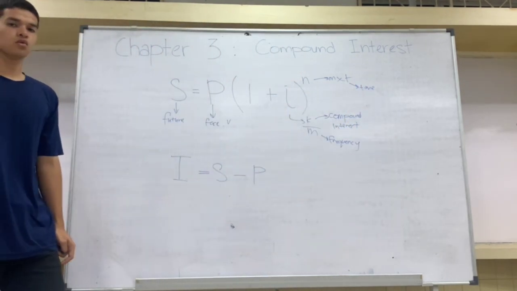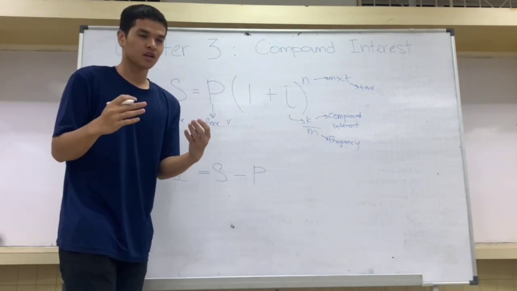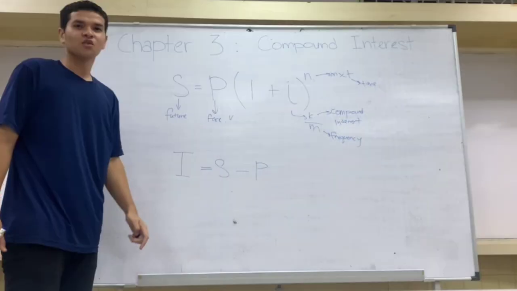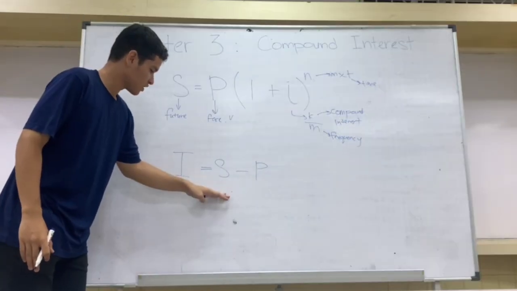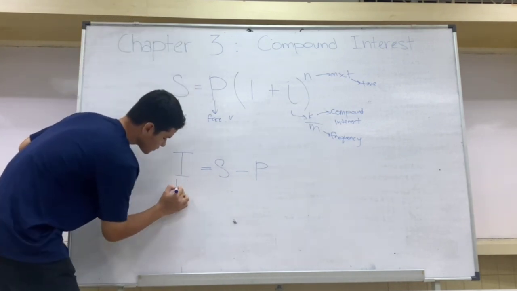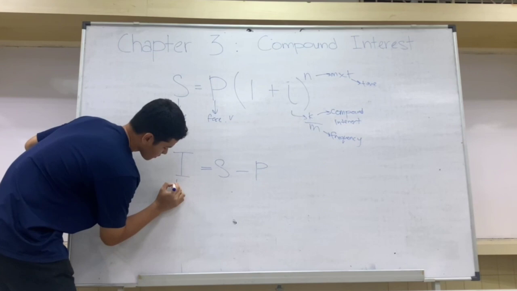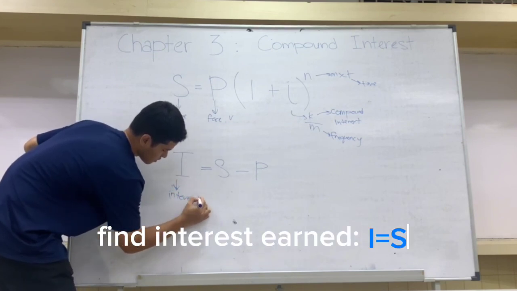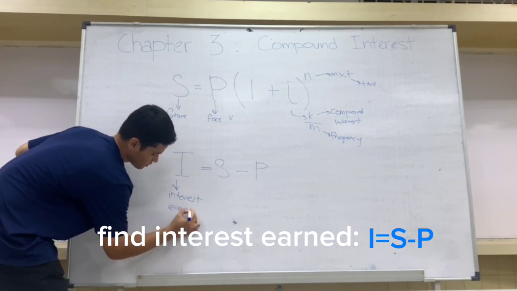If you want to find the total amount, you would use this formula. This other formula, you can use if you want to find the interest earned.